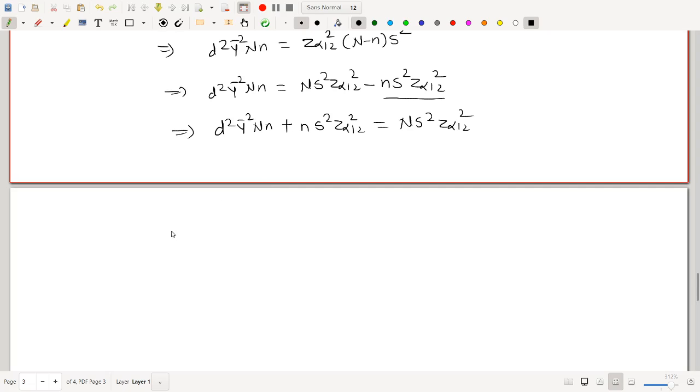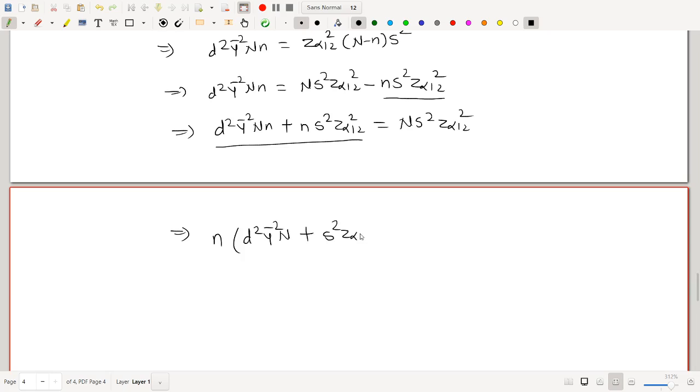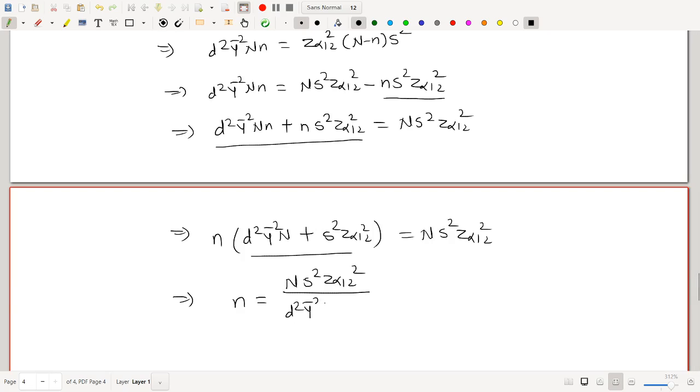Take small n common from these two quantities. After taking small n common, this will be n times d square Y bar square plus S square z alpha by 2 square is equal to N S square z alpha by 2 square. So sending this to the other side, n will be capital N S square z alpha by 2 square upon d square Y bar square plus S square z alpha by 2 square.